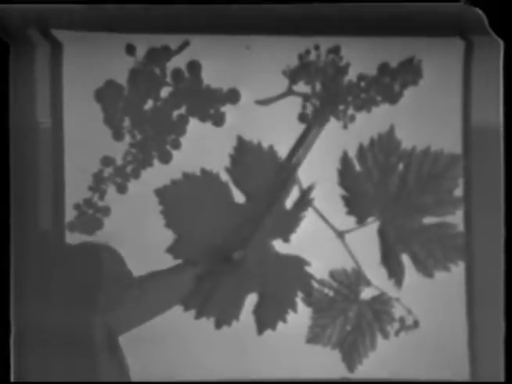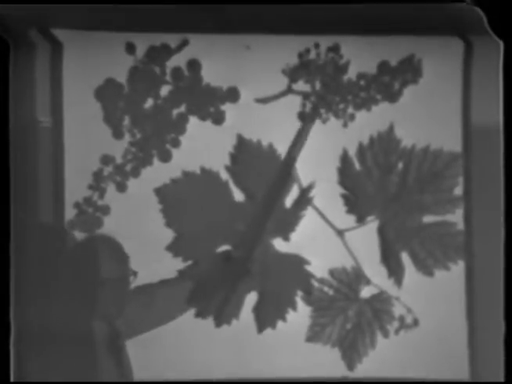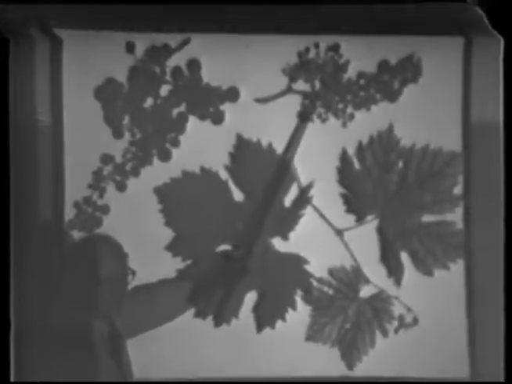Now, we know in the case of boron why you get a poor set of fruit, because a lot of work has been done on this in Western Germany, and deficiency of boron prevents pollen tube growth or pollen germination.